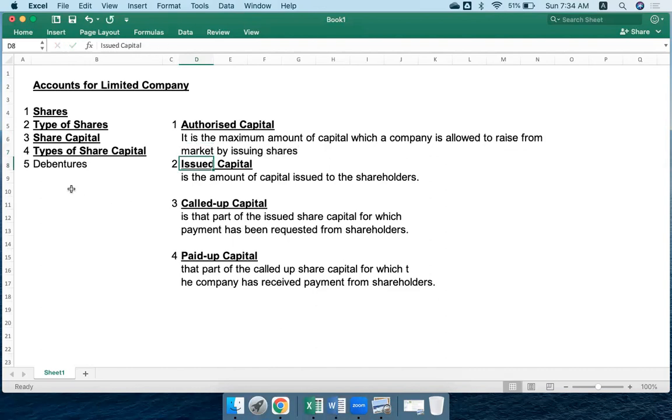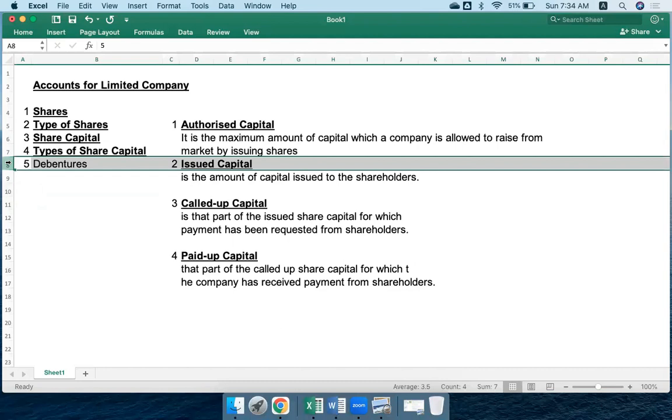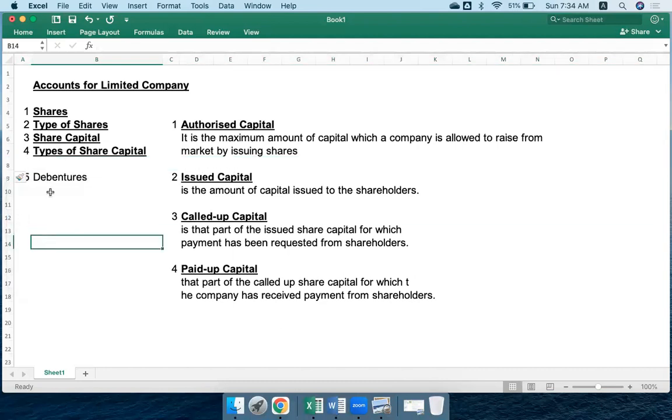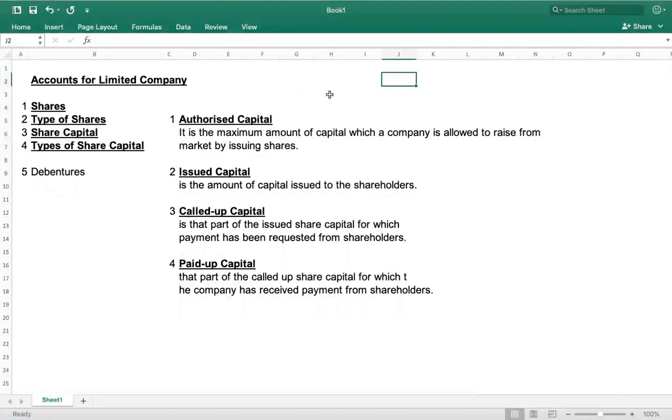It is the limit actually, right? And this amount is actually mentioned in the capital clause of the memorandum of association. So whatever amount you think is appropriate for your company, you need to write in the memorandum of association in the capital clause.